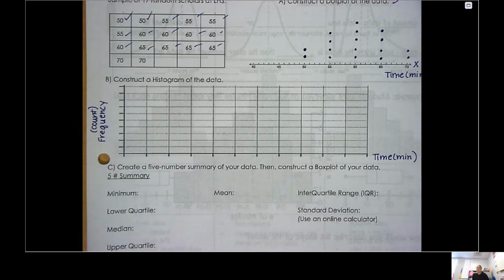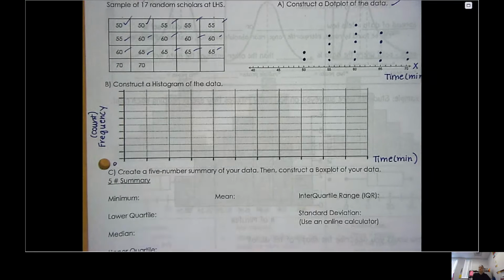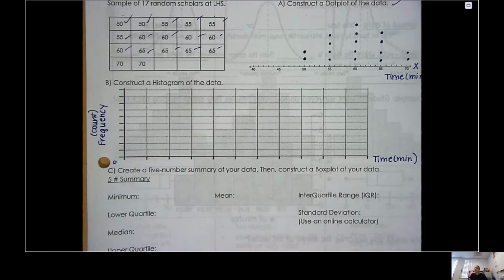You can count by 5s, you can count by 10s, but you do have to start at 0. If you go by 5s, it's not going to be enough, right? So we'll go by 10s.